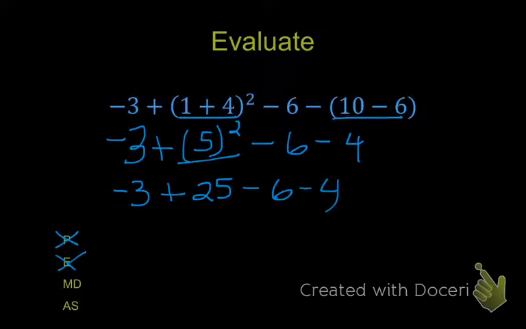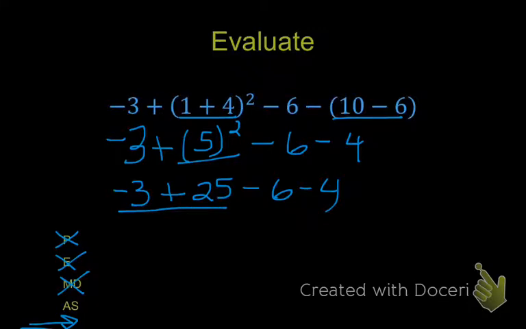Done with exponents. In this particular problem, I actually do not see any multiplying or dividing, so I'm going to continue with adding and subtracting. Remember that for this step, I am working from left to right. It does not matter which comes first, adding or subtracting. I start on the left and move towards the right. So -3 plus 25.